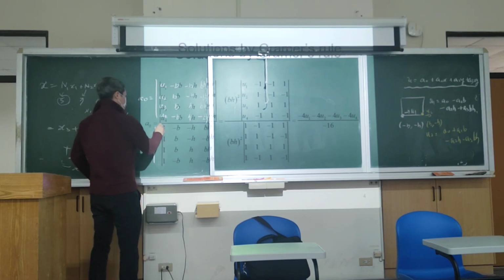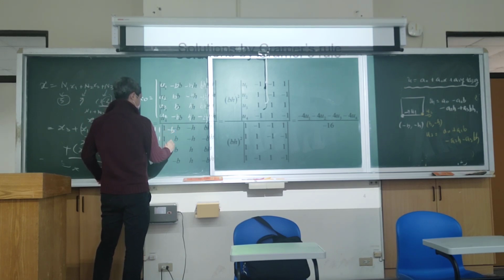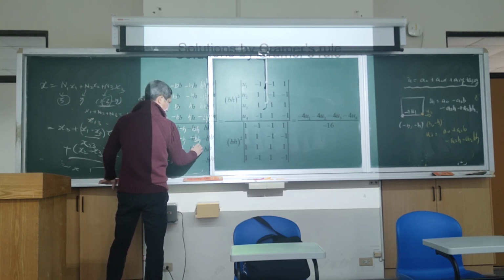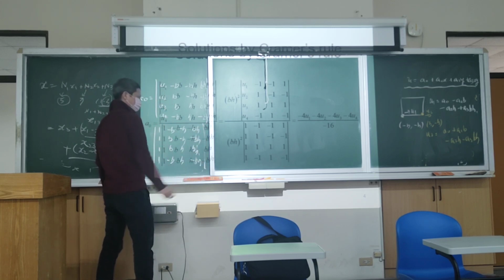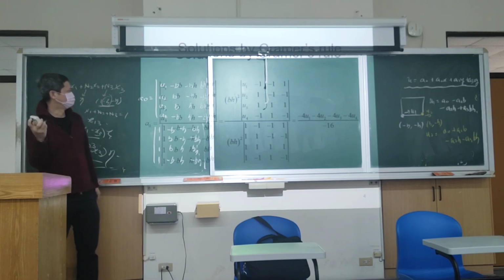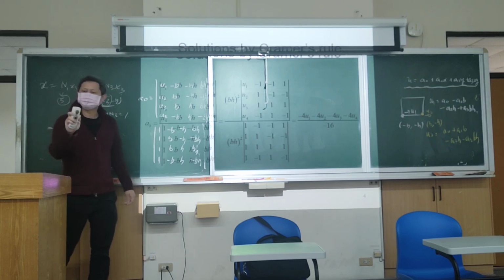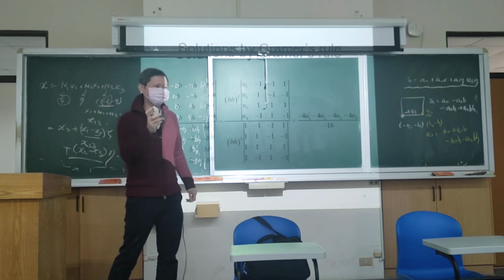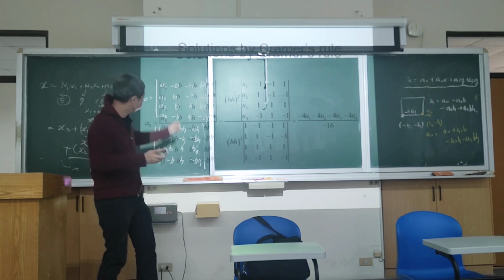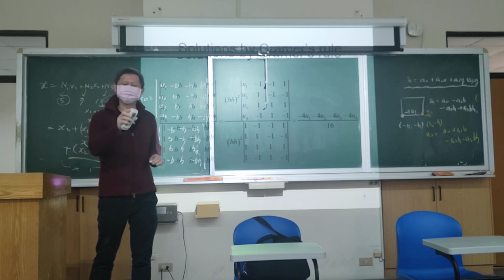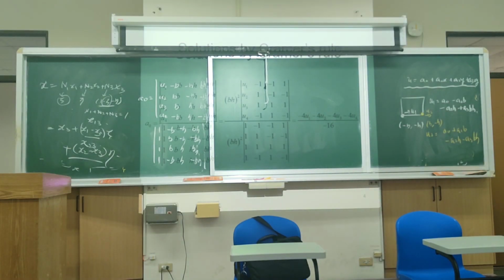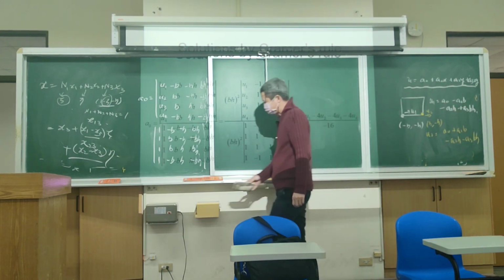So I copy down 1, 1, 1, 1, minus b, b, b, minus b, minus h, minus h, h, h, and then bh, minus bh, bh, minus bh. 好，抄完之后我们再来对。Okay, now let's do the practice. How to find the determinant?